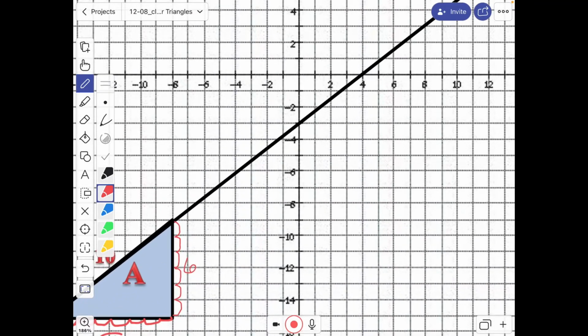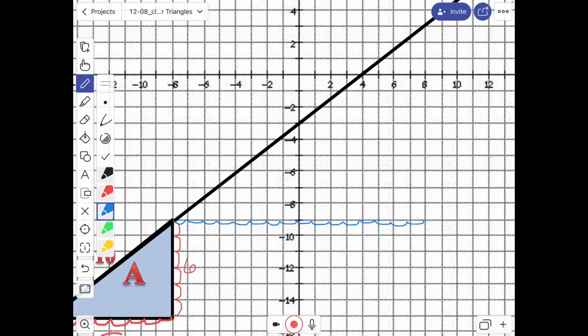I'll start at the corner here. And I'm going to go, the rise was 12, the run was 16, so I'm going to go across 16. I think that's 16.